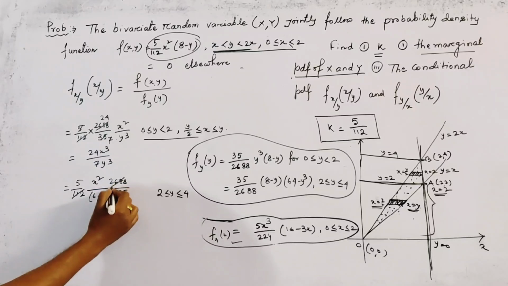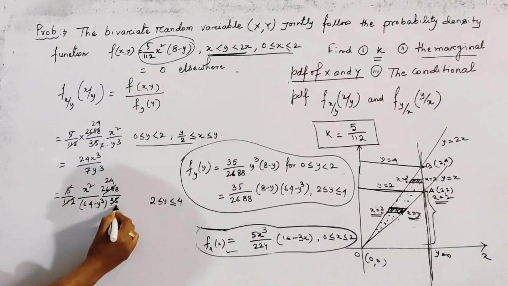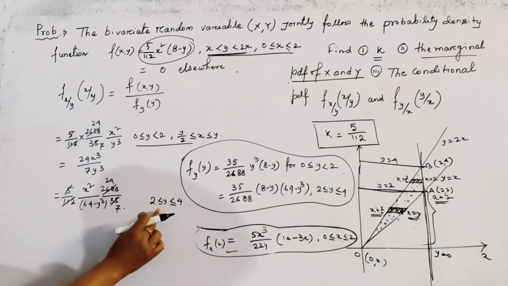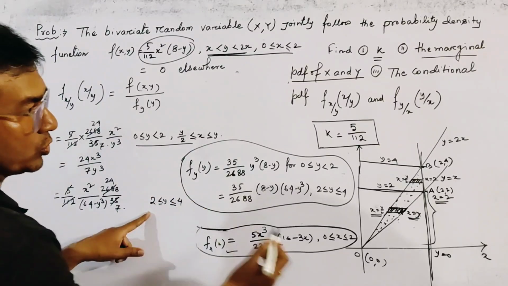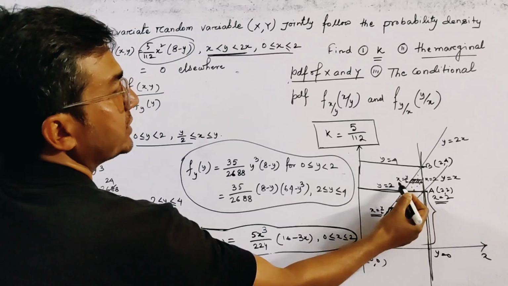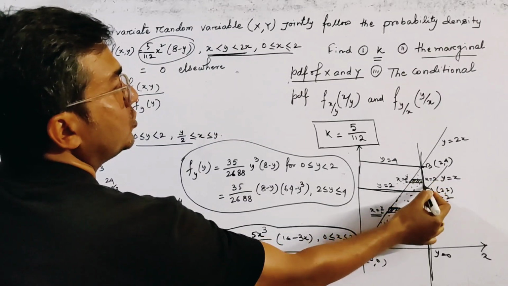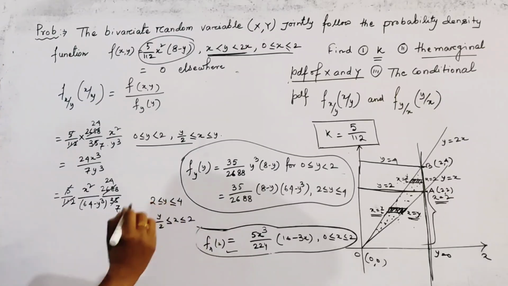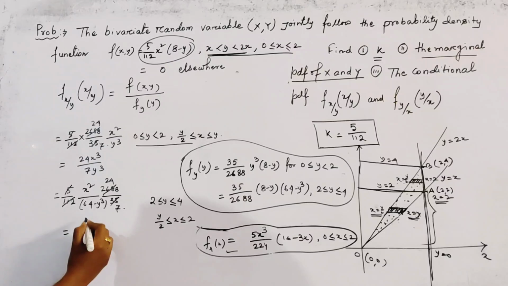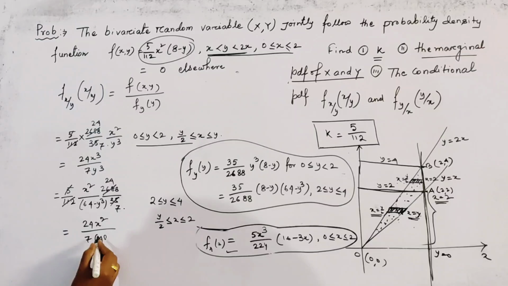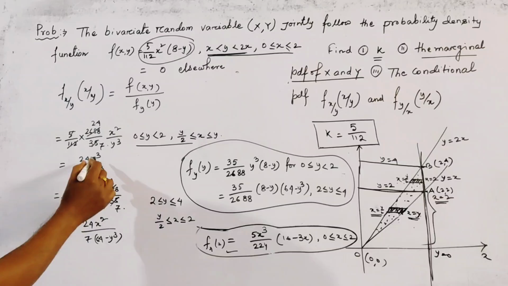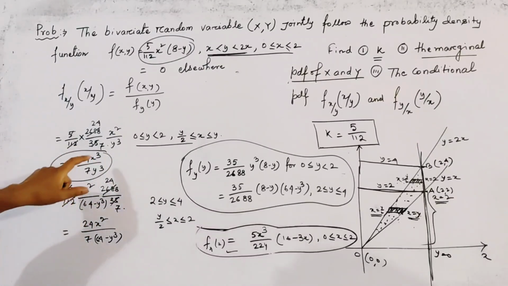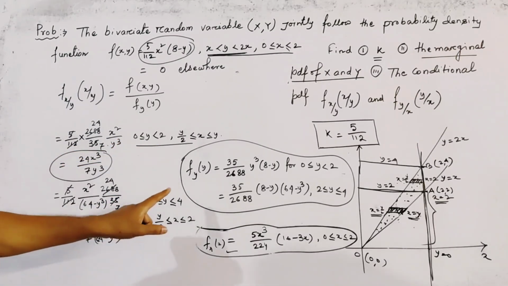So cancel out this and this, we get 24, and here this is 7, and another range of x here in between 2 to 4. In between 2 to 4 we get the range of x is x equal to y by 2 to x equal to 2. So we write the range y by 2 less equal to x less equal to 2. Okay, so we write 24 x square by 7 into 64 minus y cube. Okay, and so this is in 0 to 2 and this is in 2 to 4.